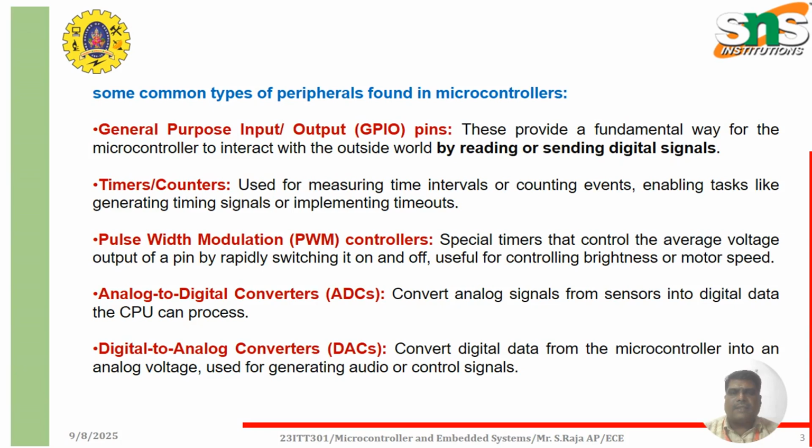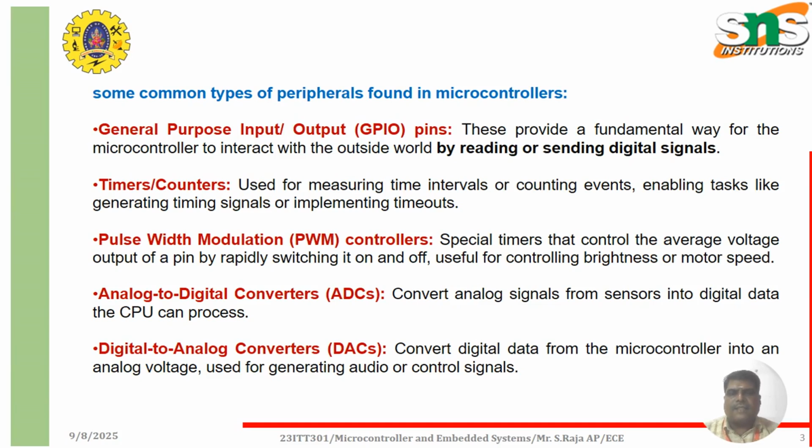Timers or counters are used for measuring time intervals or counting events, enabling tasks like generating timing signals or implementing timeouts. Pulse width modulation controllers are special timers that control the average voltage output of a pin by rapidly switching it on and off, useful for controlling brightness or motor speed.